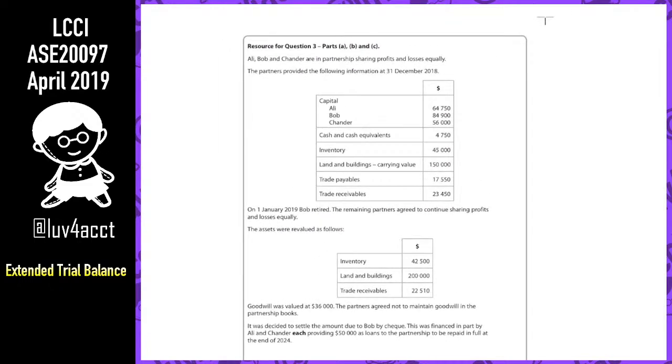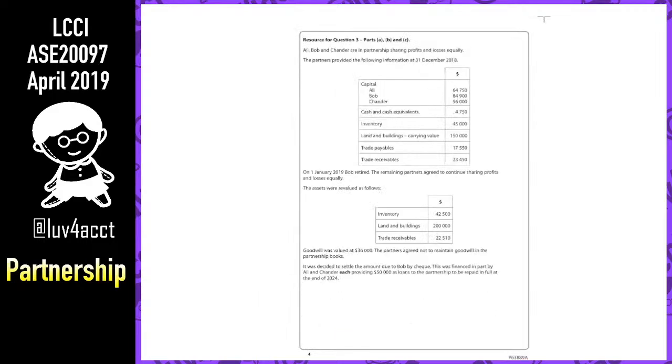Next part, question 3, we have partnership. Let me change it first and then we read the question. So we have Ali, Bob, and Chandler in partnership.